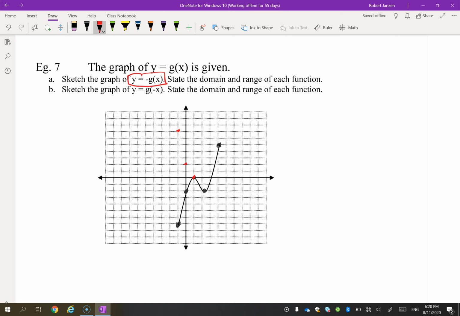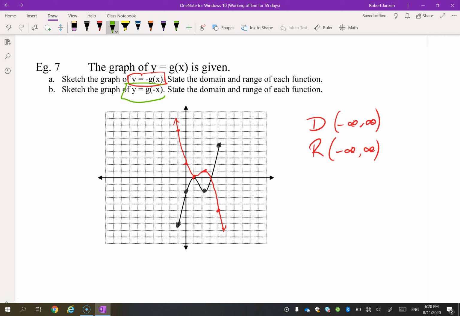This one would stay the same. This one would go right here. Notice the x values are not changing; they are exactly in the same spot. So I'm going to have a graph that looks something like this. What is the domain? The domain is negative infinity to infinity, and the range is negative infinity to infinity.